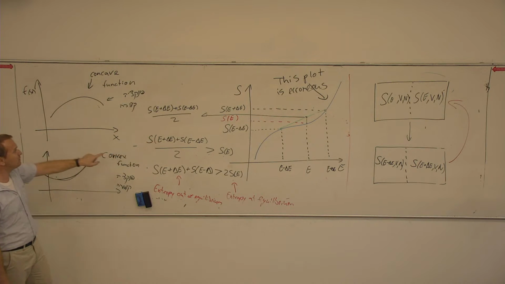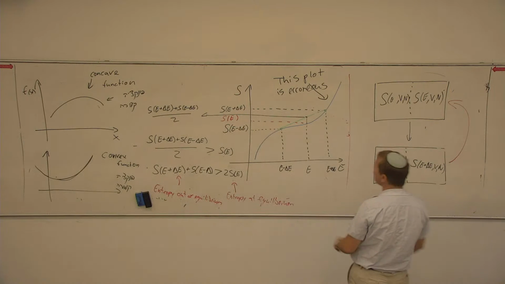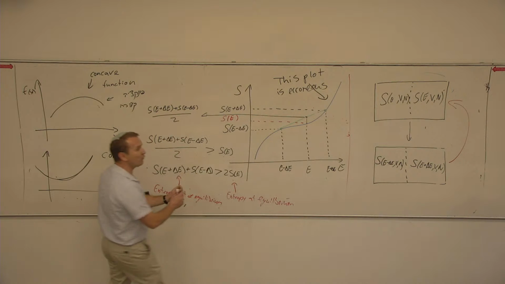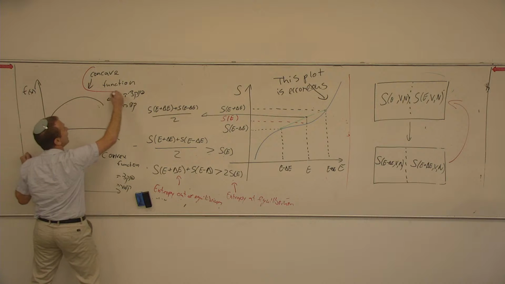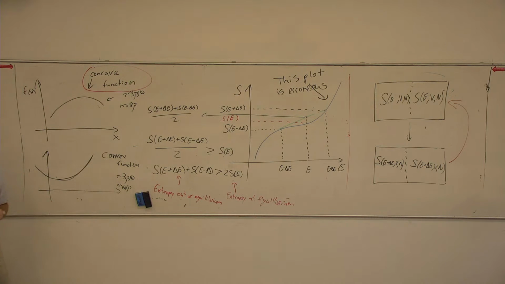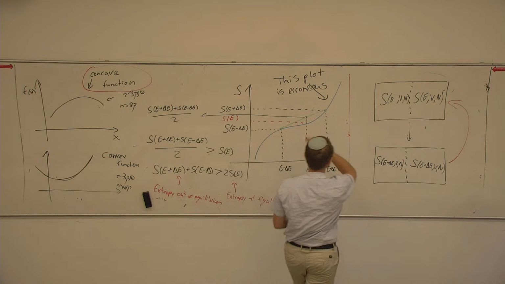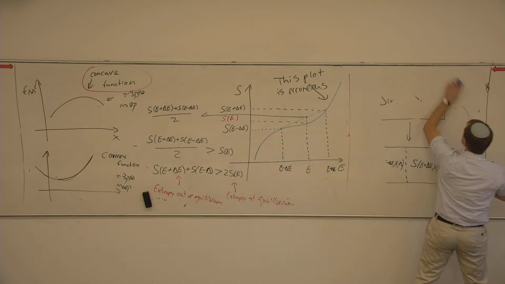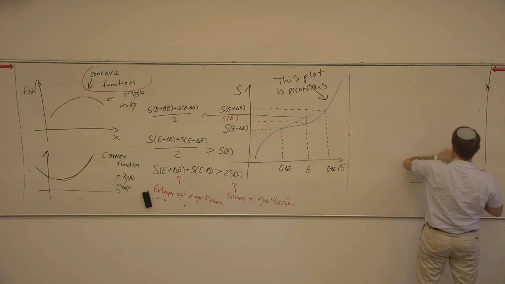Okay? So this means that entropy, for any region of the energies, has to be a concave function. Okay? So what we now understand, due to this small exercise, is that entropy is a concave function of energy.